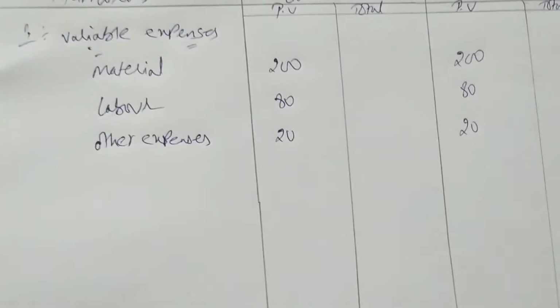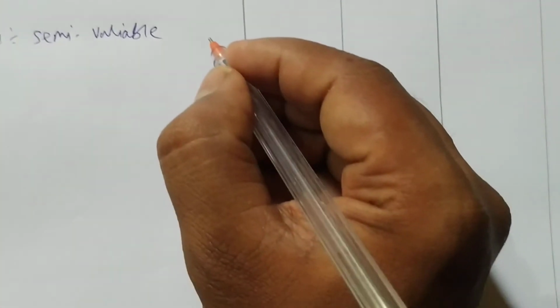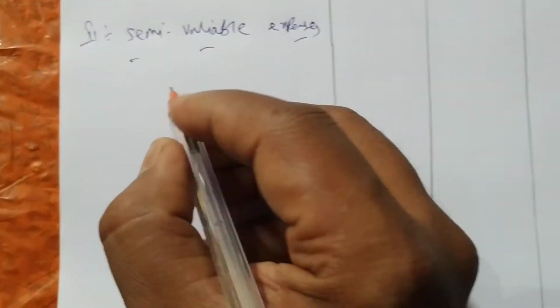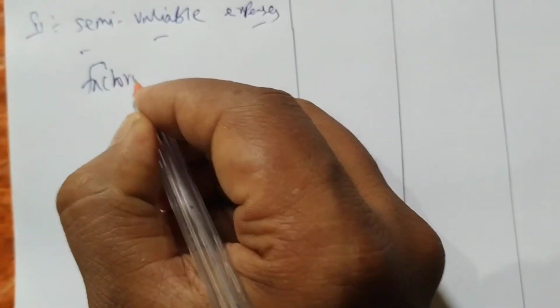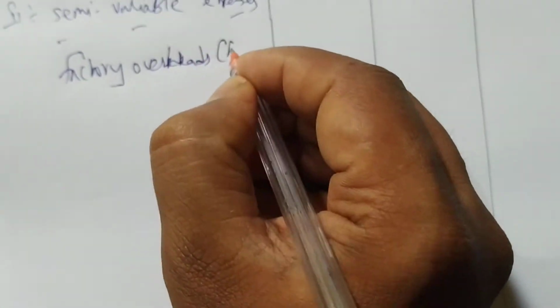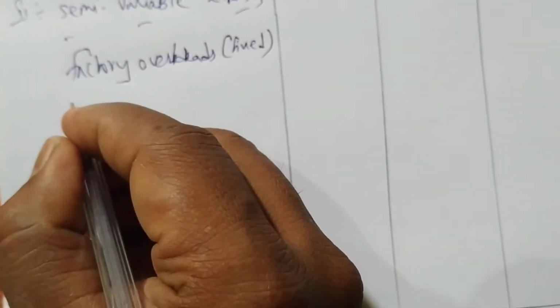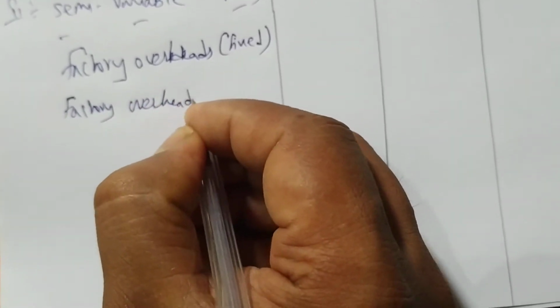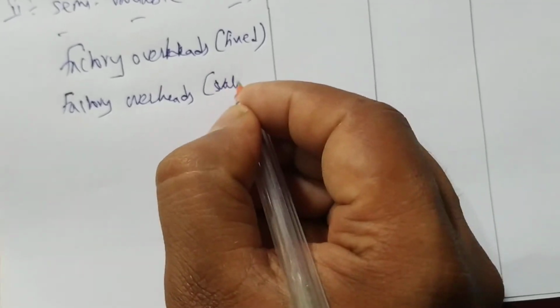Then we have Roman number 2, that is semi-variable expenses. We have two semi-variable expenses. One is factory overheads. Factory overheads have two parts: one is fixed, the other is variable.